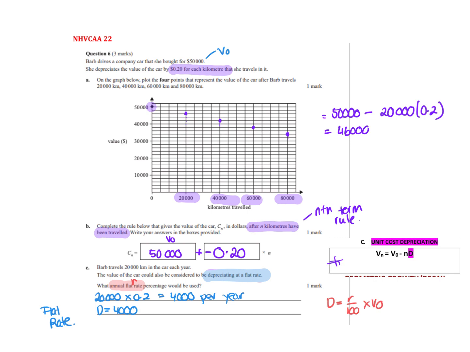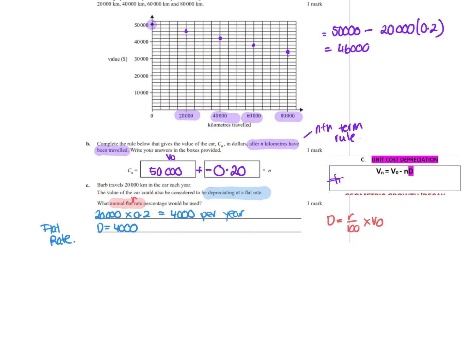So you could go and write 4,000, that's D, equals R over 100 times the VO, which I know is 50,000. And you can just use your solve again, comma R, and we end up with a rate of 8% per annum. Is that pretty reasonable for a car? Yeah, no carbon, yeah, but 8% is okay.